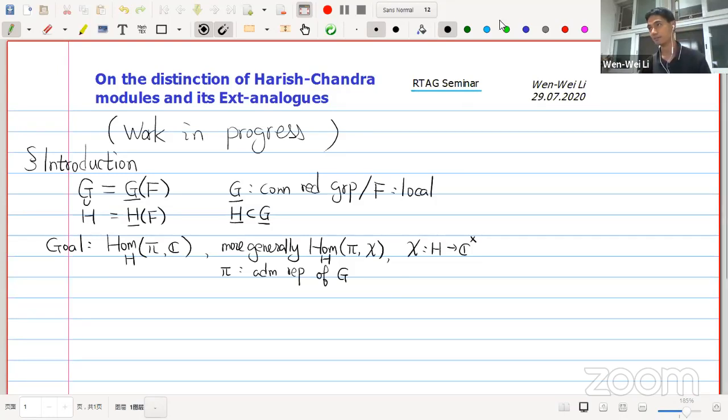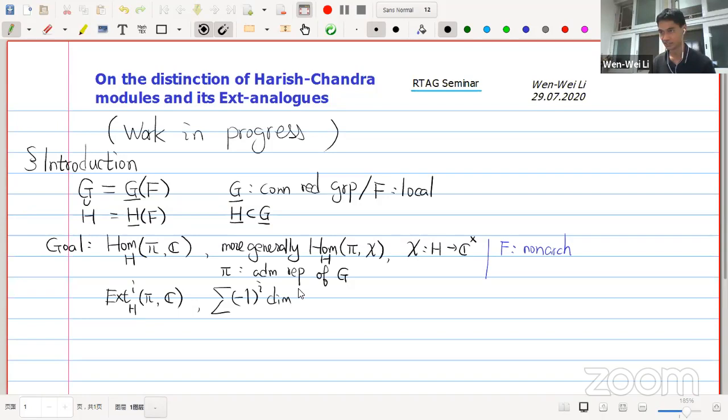Here, this is for F non-Archimedean. And there are even some so-called Ext-analogues, Ext^i_H(pi, C), or maybe a more manageable quantity is the alternating sum of the dimensions of these Ext groups.